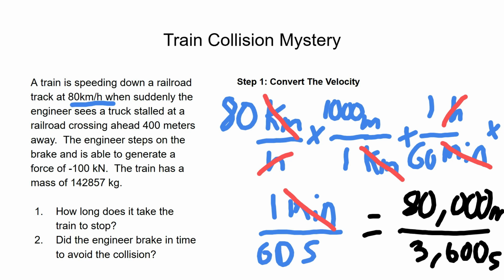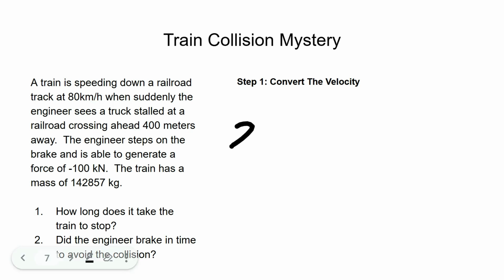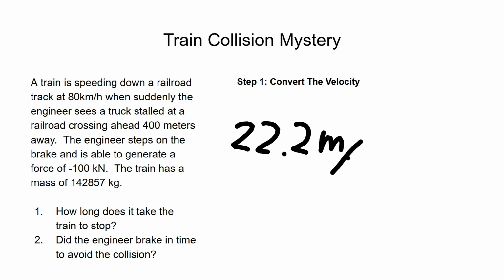So let's do that calculation real quick. 80,000 divided by 3,600. So our answer is going to be 22 meters per second. So 80 kilometers per hour when converted to meters per second is 22.2 meters per second.